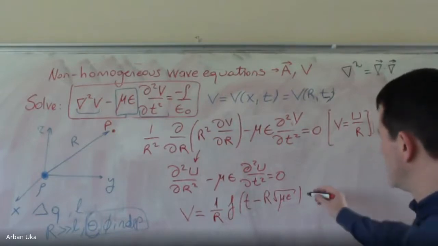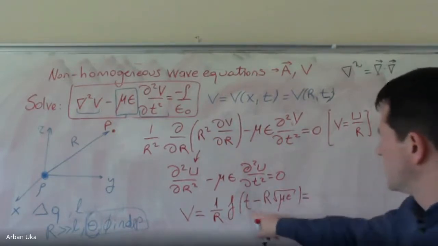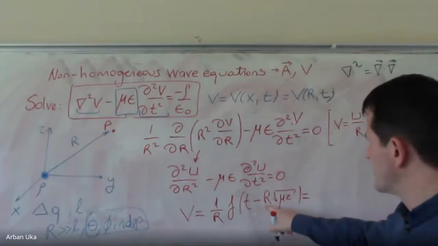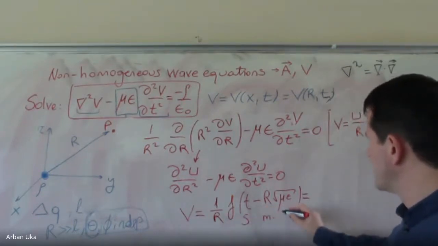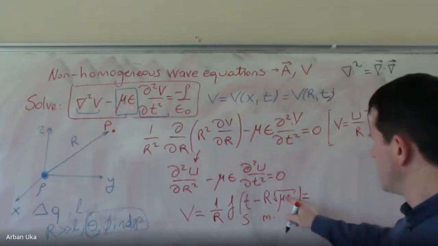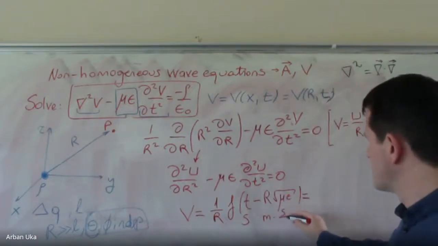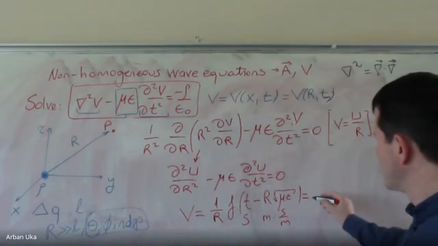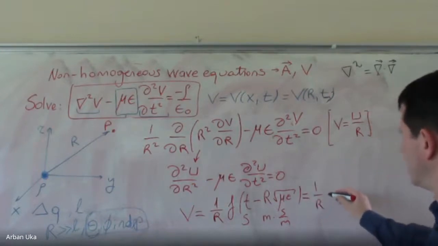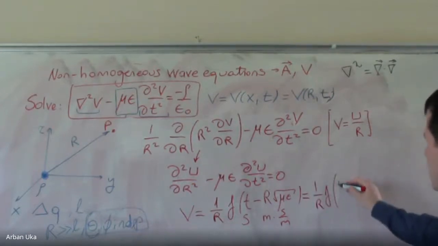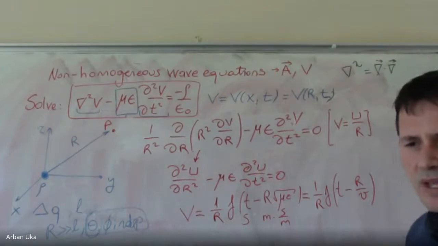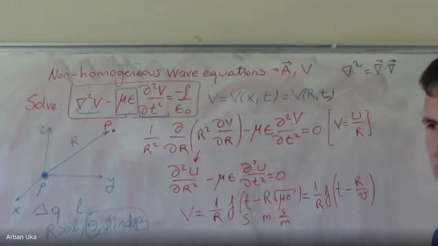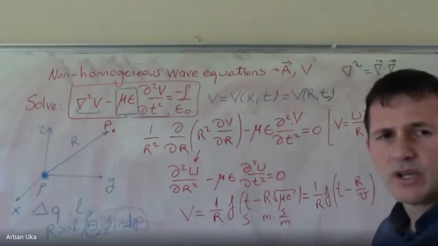And then we can easily notice that this is seconds, and this r is meters. This means that this term should be seconds per meter, which means that this is 1 over r times a function of t minus r over velocity. Okay, so it looks like the disturbance in space propagates with the speed of light.